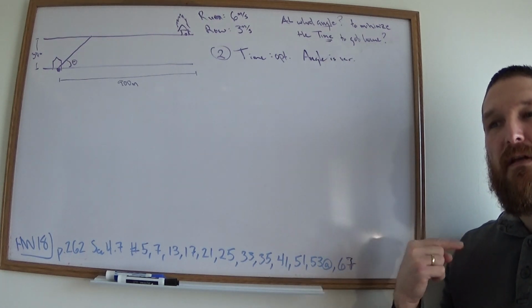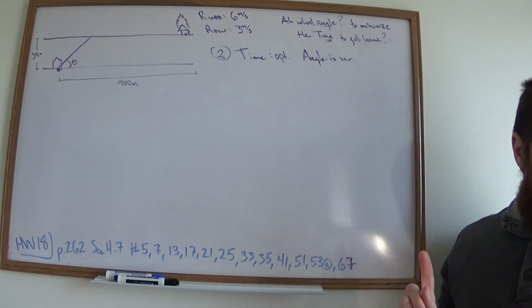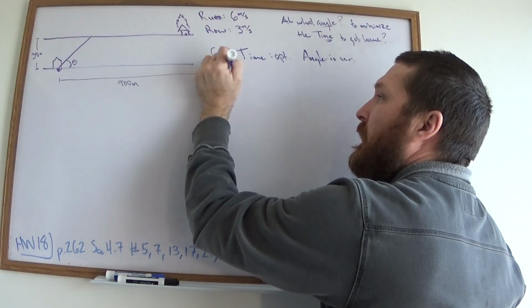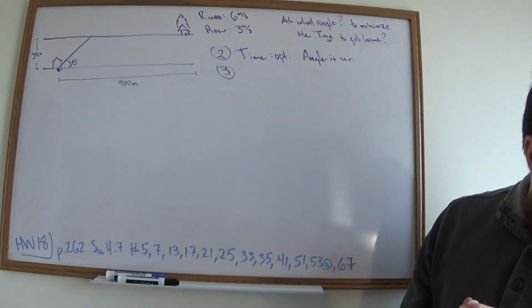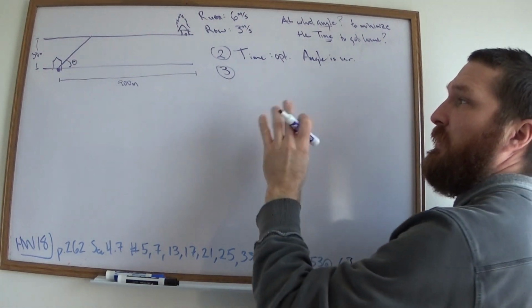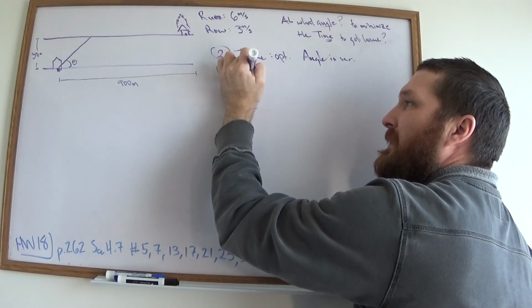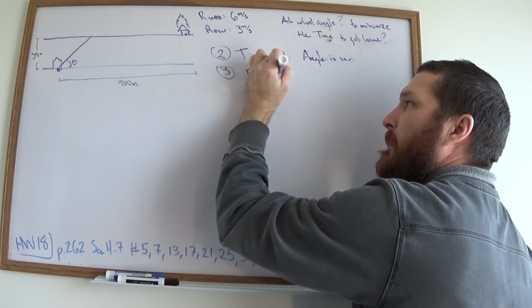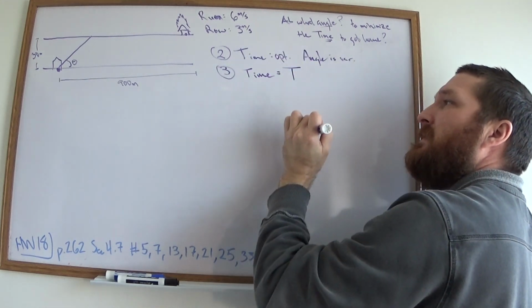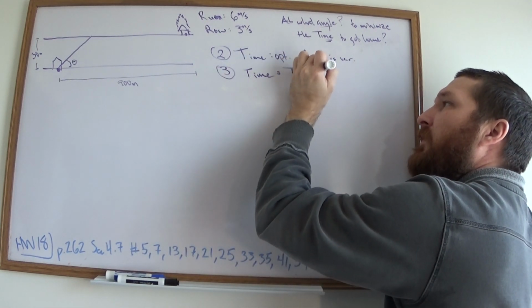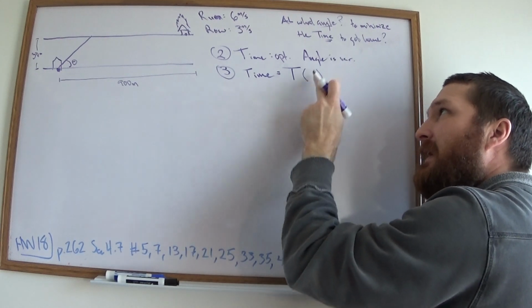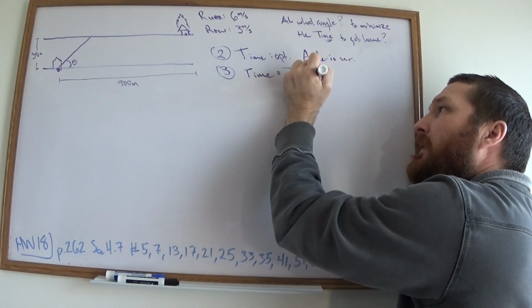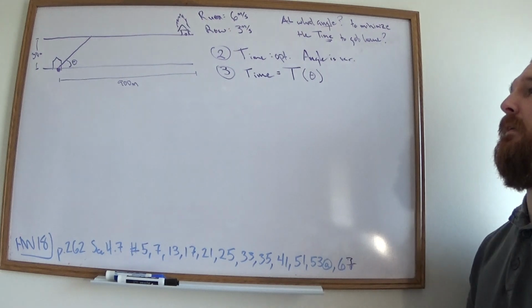And so here's step 3: write a function whose output is time. In other words, we want a T of the angle, where the input is the angle. That is our goal right here now.